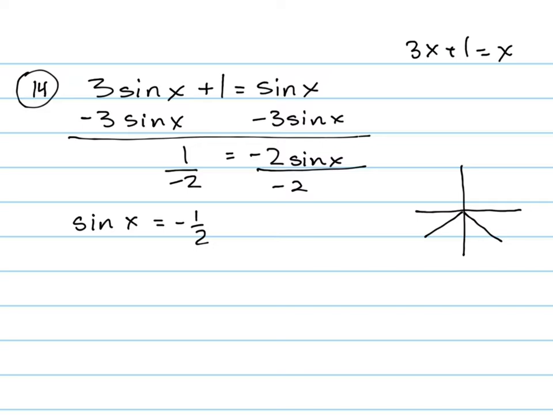Keep that in mind. Now we are in quadrant 3. So what is the angle in quadrant 3? 11 pi over 6 would be in quadrant 4.